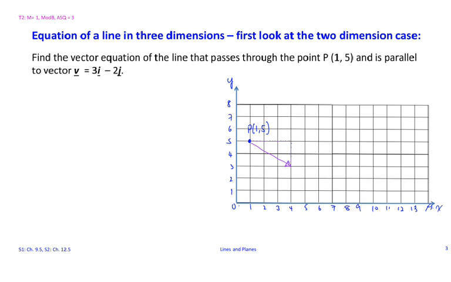From that point, do you realise that if I draw another one, and I could do the minus vector, what's that doing?